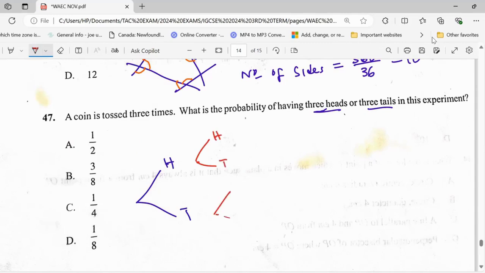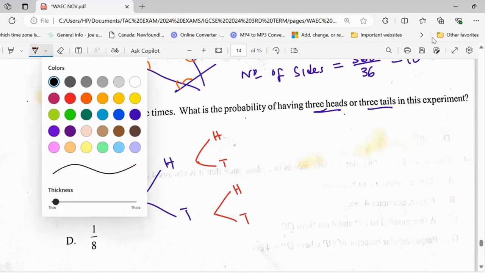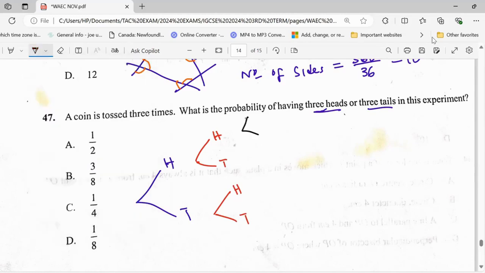Here, we have head, tail. This is the second. Now, if we take the third one, we are going to have head, tail, head, tail. Coming here again, we have head, tail. Here we have head, tail.